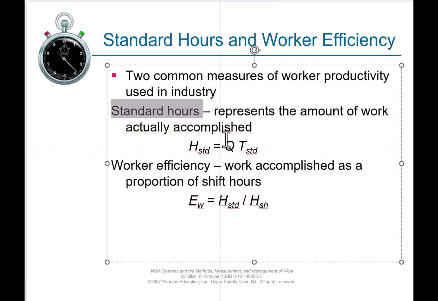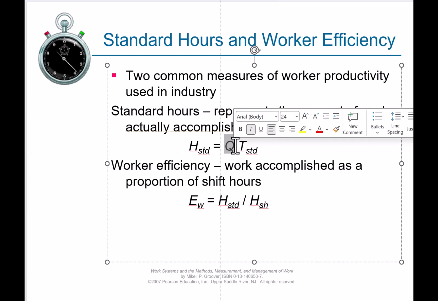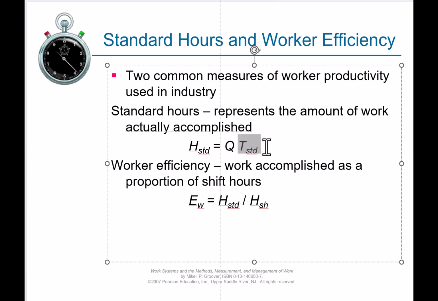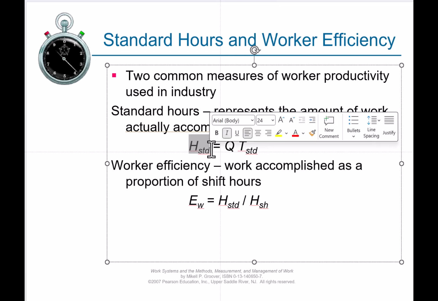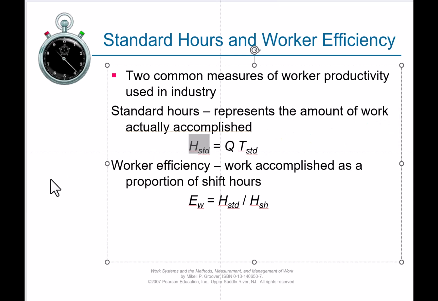They use the quantity produced in a given shift or a given week and multiply by the standard time, and that's how they calculate the total standard hours. That's how cost accounting departments calculate worker efficiency: the standard hours divided by the shift hours worked.